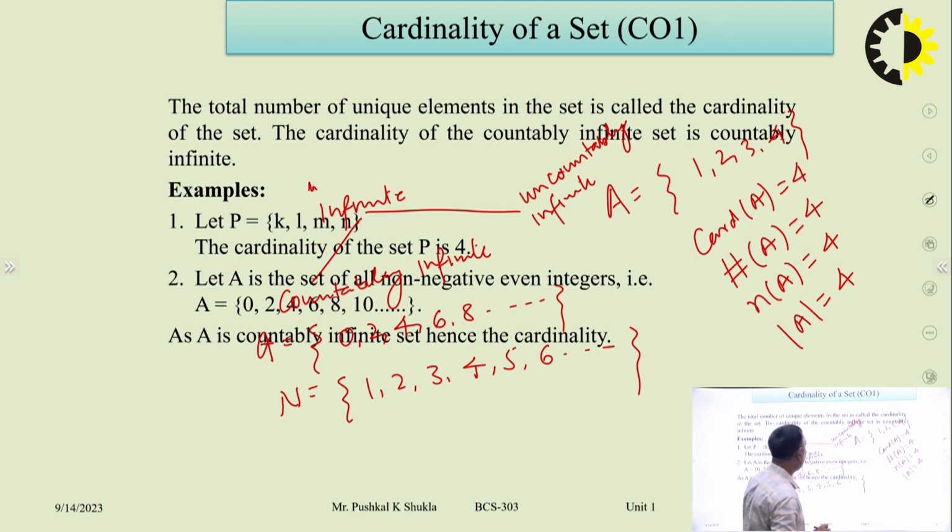Uncountably infinite means we cannot make a one-to-one correspondence between the elements of the set and the natural numbers.